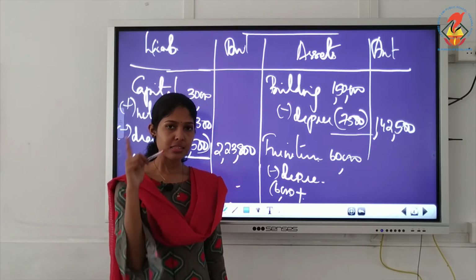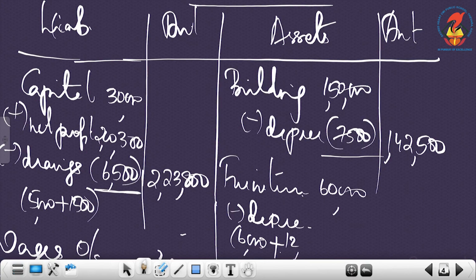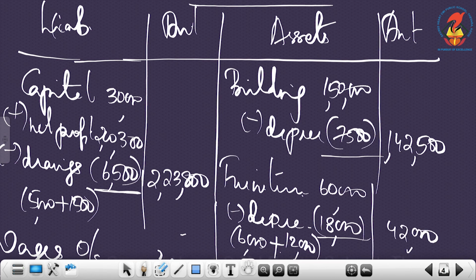Other than that, inside the trial balance we have provision for depreciation on furniture. So these two you have to add and take. So altogether what you have to deduct is 18,000. Understood? So outer column we have to write 42,000.